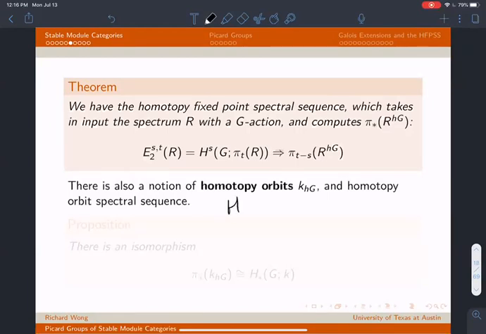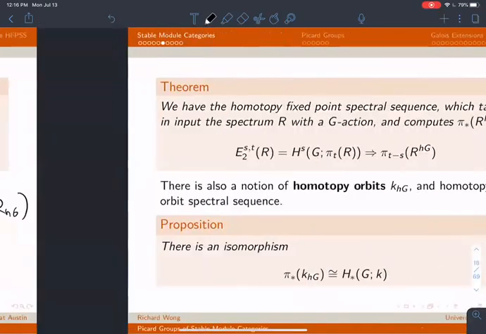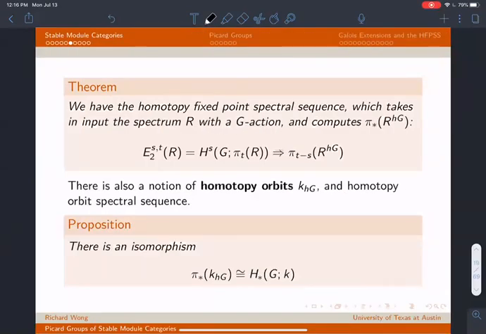So the E2 page of this is the group homology on the homotopy groups of your ring R. And it converges to the homotopy groups of the orbits. And now this is homological instead of cohomological.